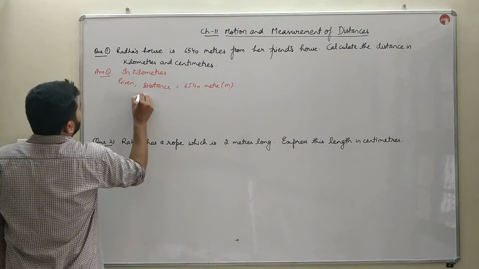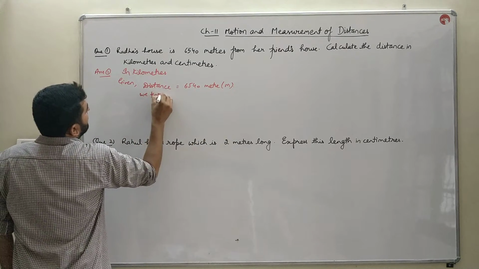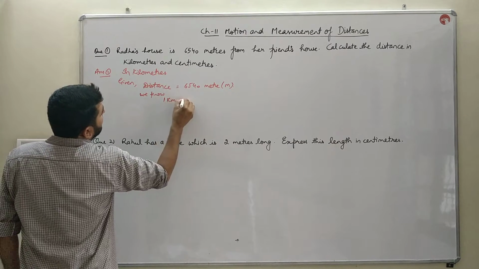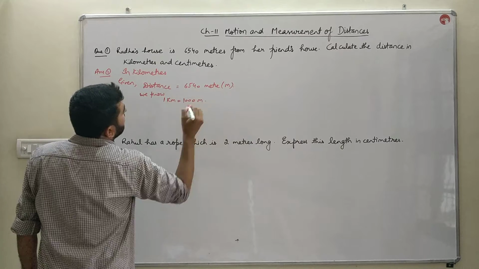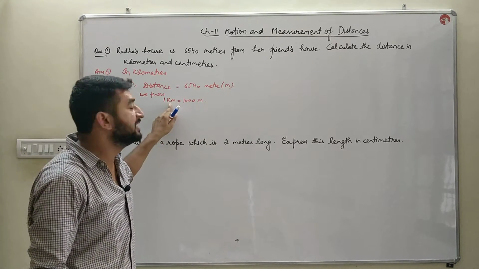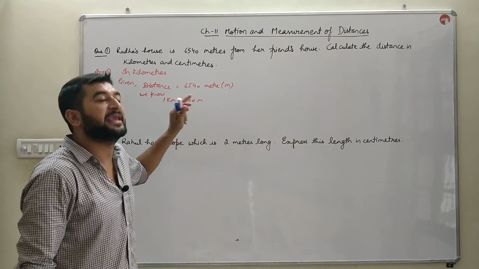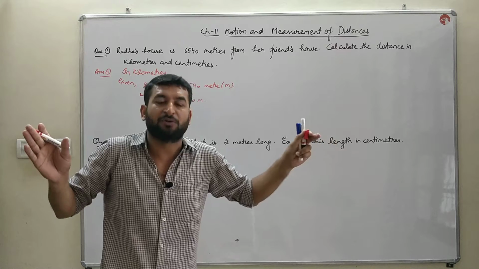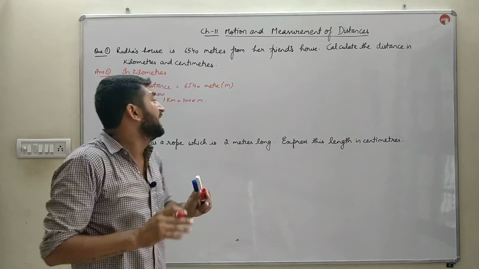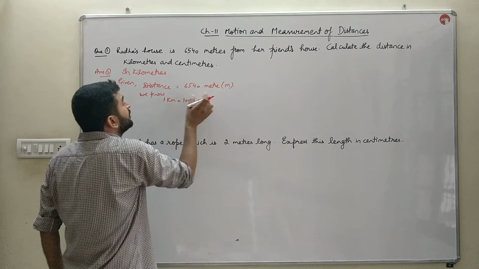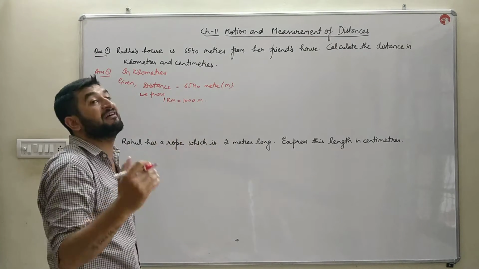Next, we know that 1 kilometer is equal to 1000 meters. That means the larger unit is kilometer and the smaller unit is meter. And if we want to convert the smaller unit into the larger one, then we have to divide it.